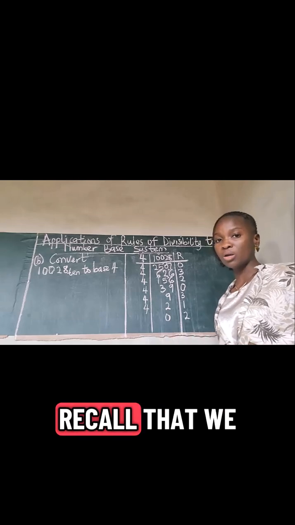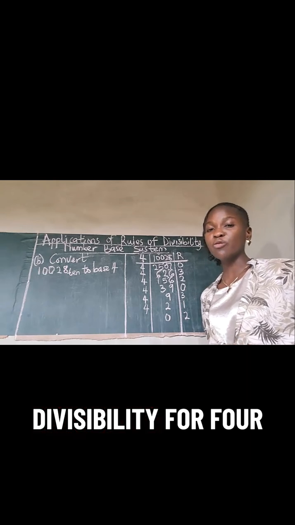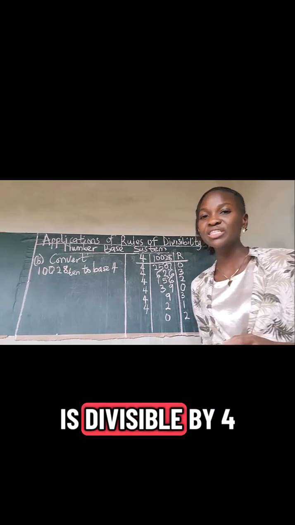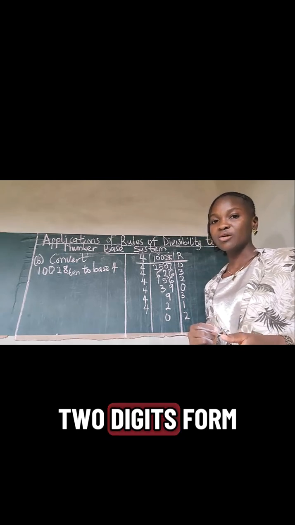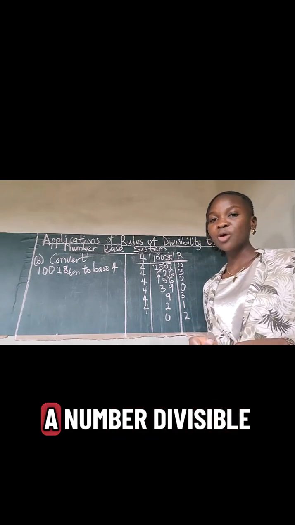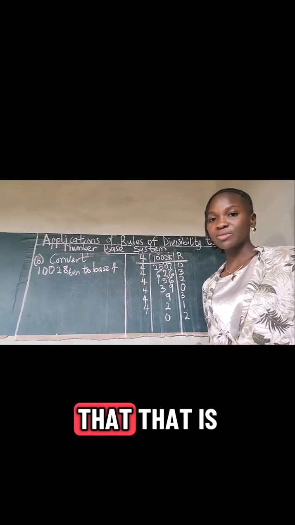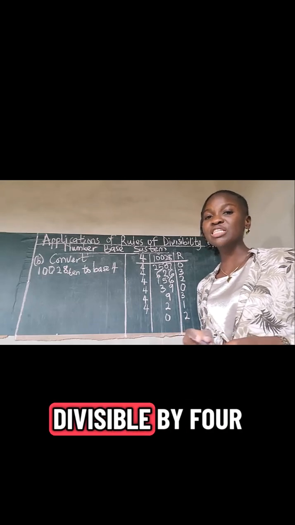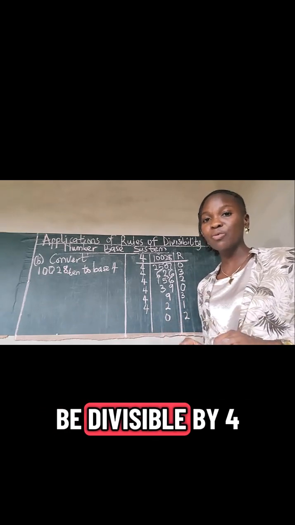If you can recall, we learned that a number is divisible by 4 if the last 2 digits form a number divisible by 4. That is, if the last 2 digits of any number are divisible by 4, the whole number is going to be divisible by 4.